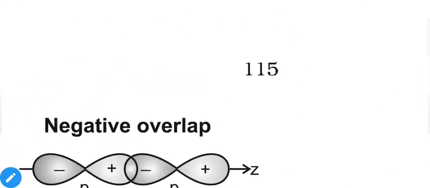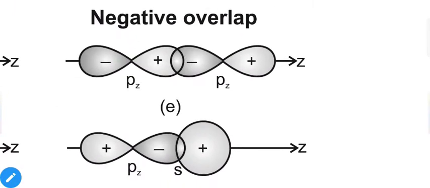Now let us talk about negative overlapping. When two different lobes combine, that means positive of the first and negative of the second, it is called negative overlapping, and in this case bonds won't form.